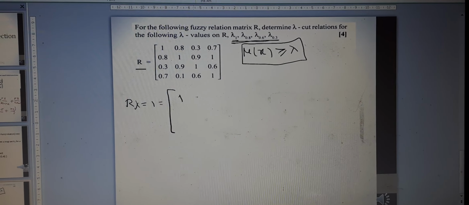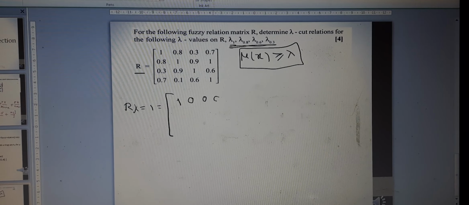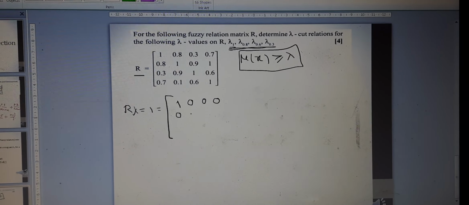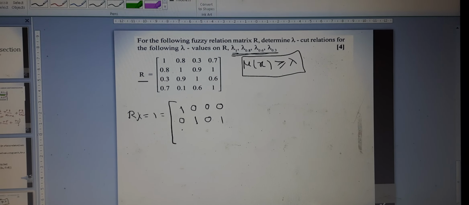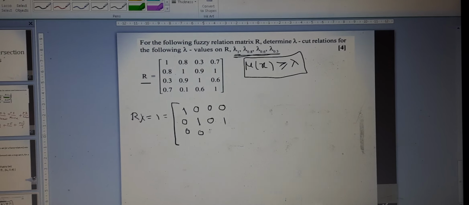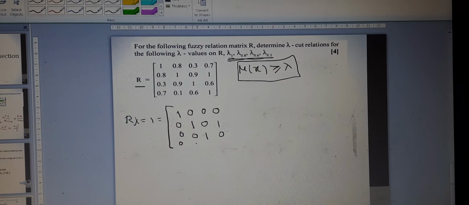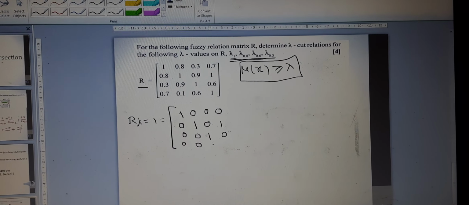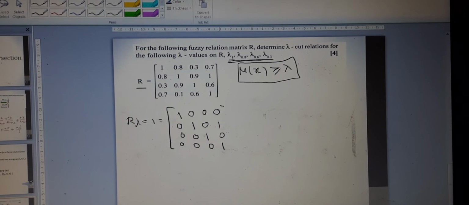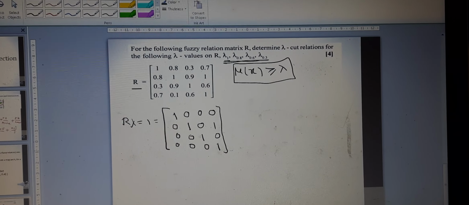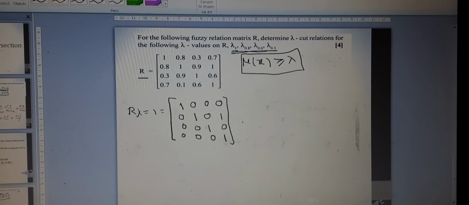So, 0.8 no, 0.3 no, 0.7 no, 0.8 no, 1 yes, 0.9 no, 1 yes, 0.3 no, 0.9 no, 1 yes, 0.6 no, 0.7 no, 1 yes, 0.1 no, 0.6 no, and 1 yes. So what values did we consider? We considered the values which are greater than or equal to lambda.